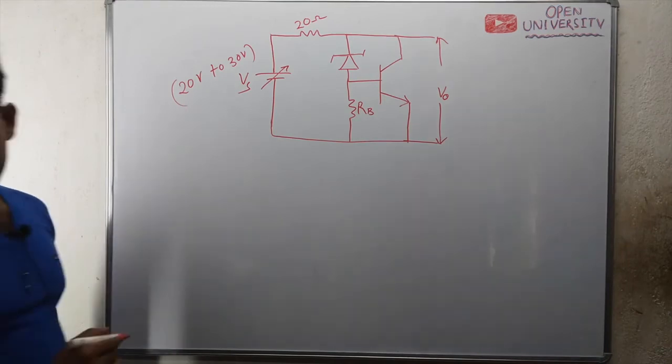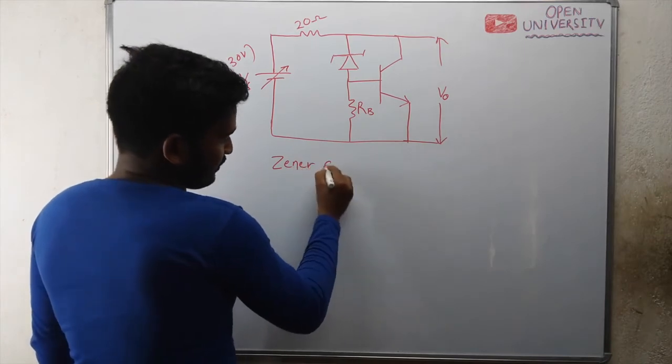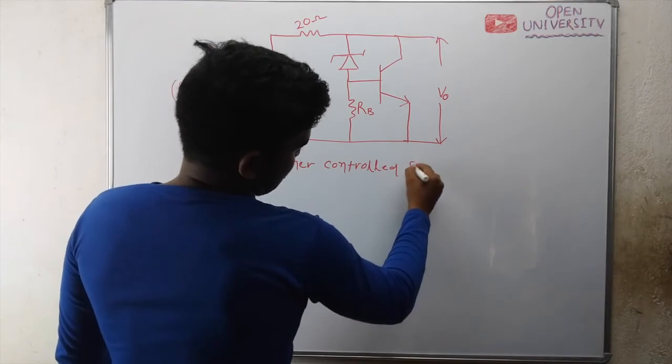This circuit is called a Zener controlled shunt regulator.